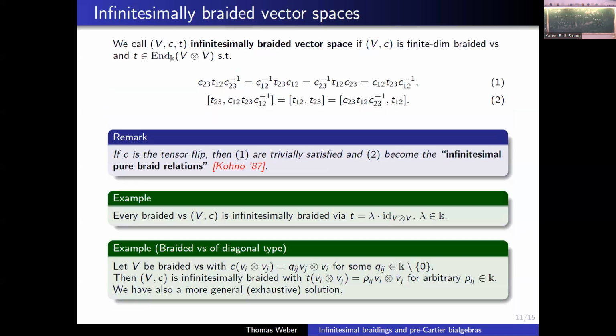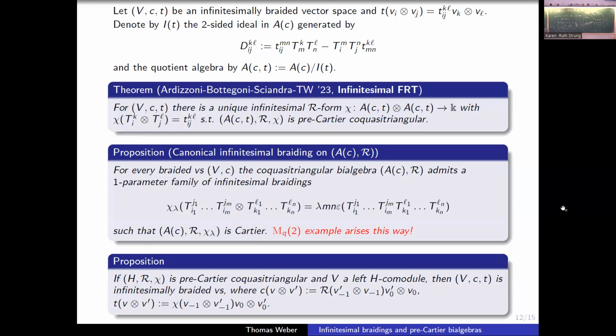Since we have seen that we can always find some non-trivial solutions, simply scaling the identity, for every braided vector space we can find some non-trivial chi in this way. And that's just a rescaling basically of the counit. And you can see that the one we have seen on MQ2 exactly came out of this form.